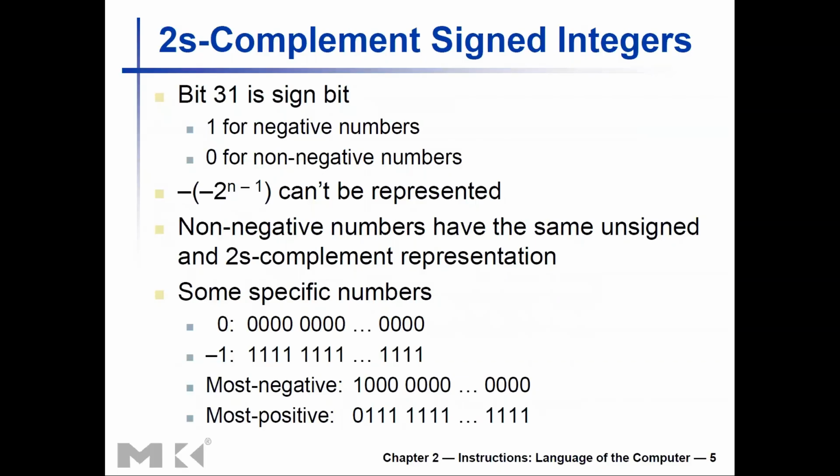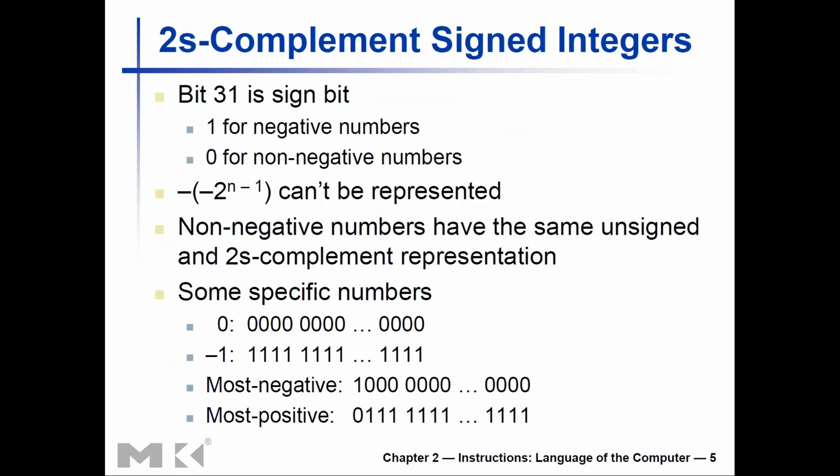If it is 0, it's going to be a non-negative or a positive number. So the bit 31 is the most significant bit. We name bits starting from 0. The first bit is bit 0, as you get the idea.